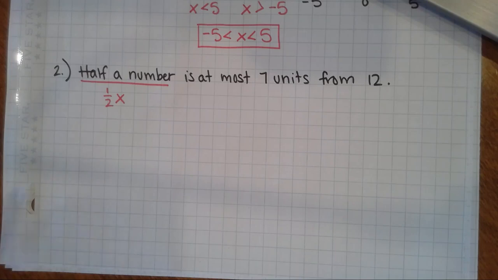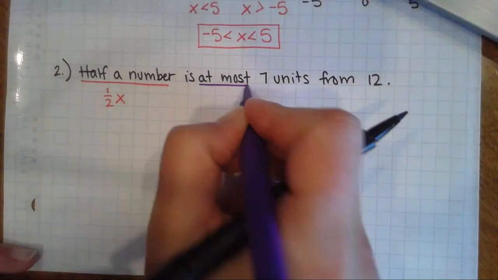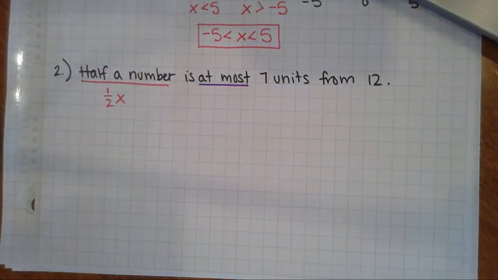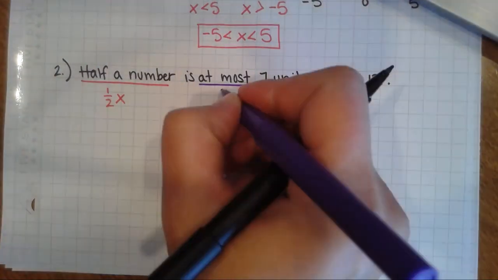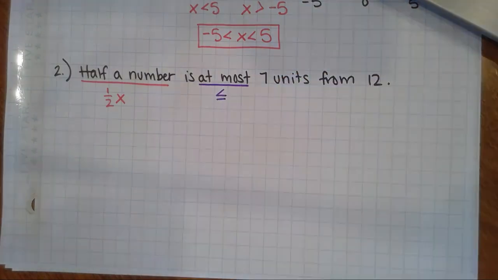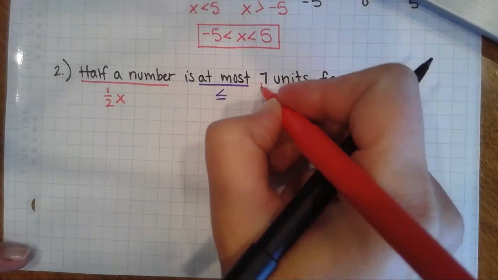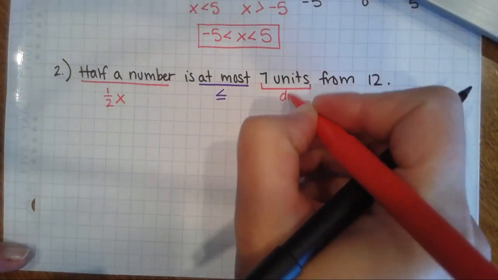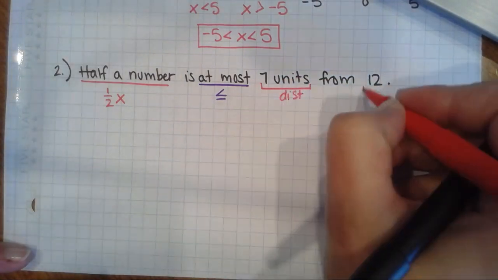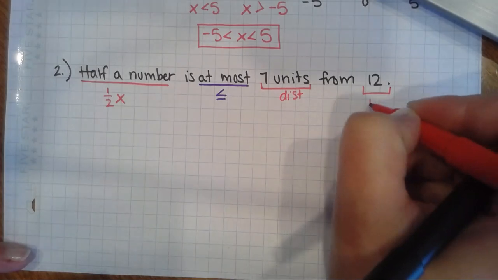So half a number is at most. Okay, and remember, an inequality sign for is at most is less than or equal to. 7 units is our distance, and 12 is our mean, right?